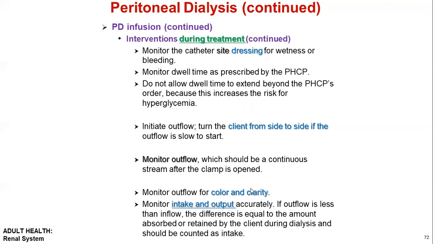Color is important. If the color is cloudy, it indicates infection. If the color is bloody red, it indicates blood is coming. So during the process, we have to keep our eyes open for any complication or risk like peritonitis, leakage, or bloody output.